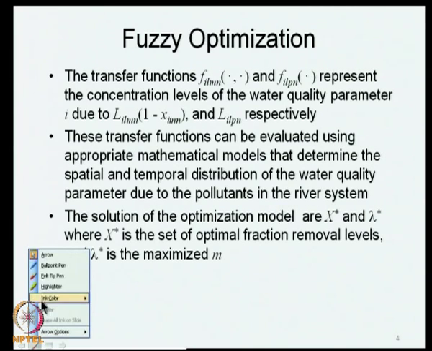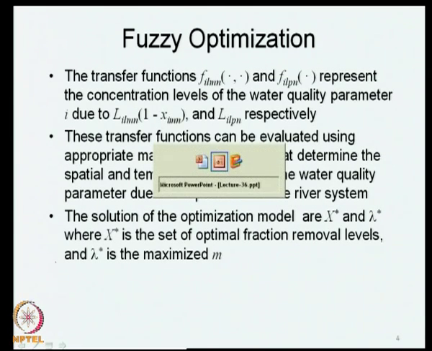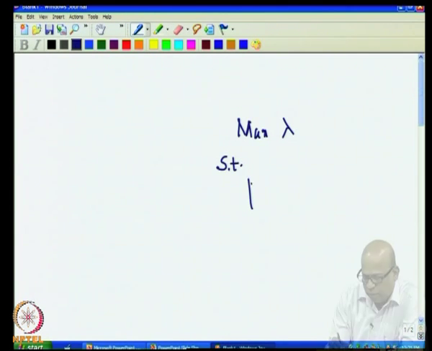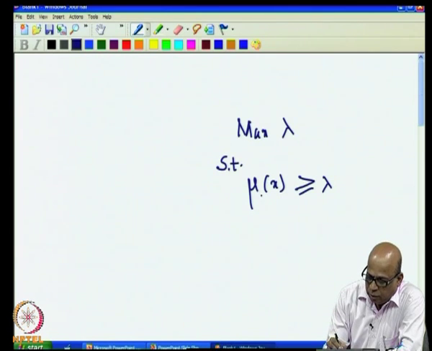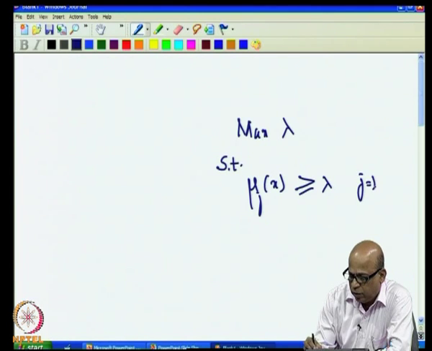So, if you recall, the general form of the fuzzy optimization problem can be expressed, we did it in the last class. We will just recall, we are in general saying maximize lambda subject to, in this particular case we may have mu of x greater than or equal to lambda, and you may have, let us say, mu j of x greater than or equal to lambda, j equal to 1, 2 etcetera.